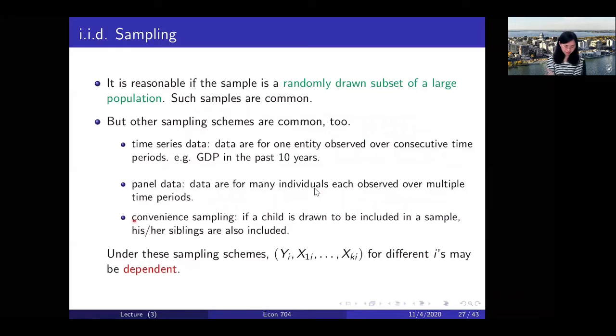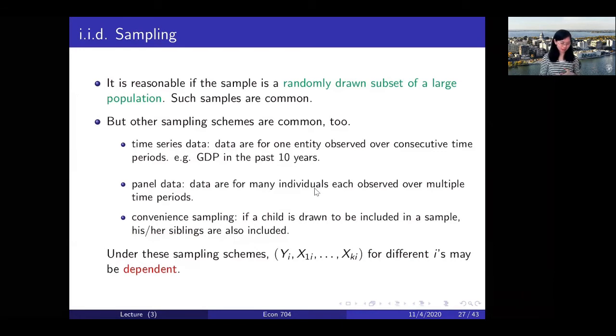There are other ways of sampling that could also violate the IID sampling assumption. For example, convenience sampling. If a child is drawn to be included in a sample, his or her siblings are also included because it's just easier to interview all the kids in one household.